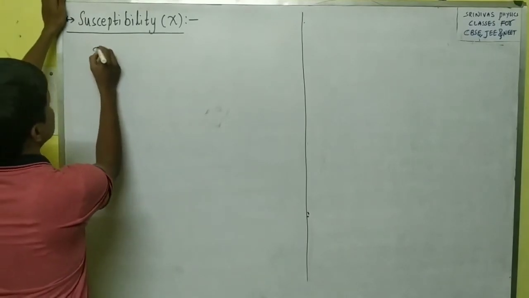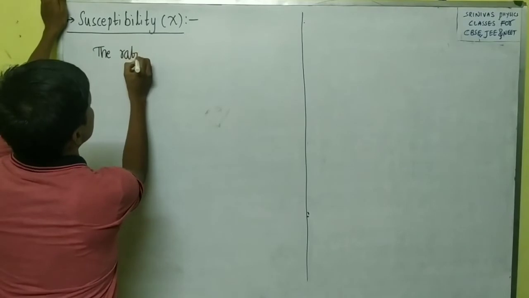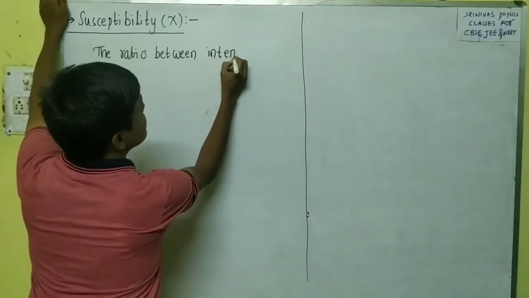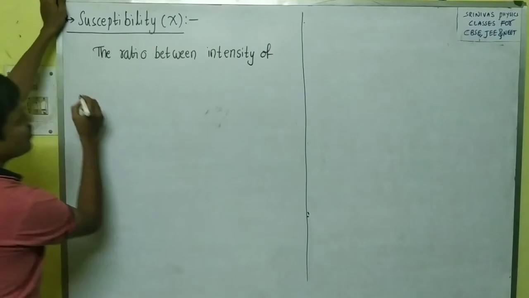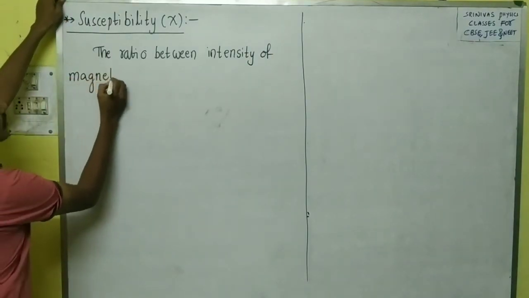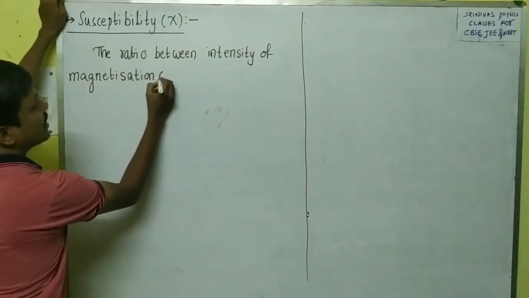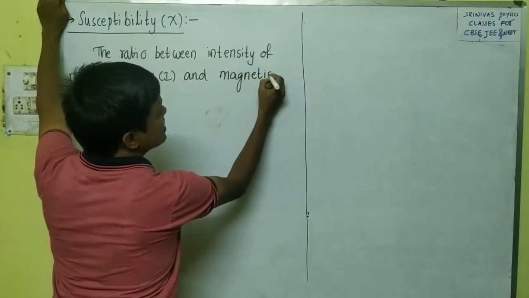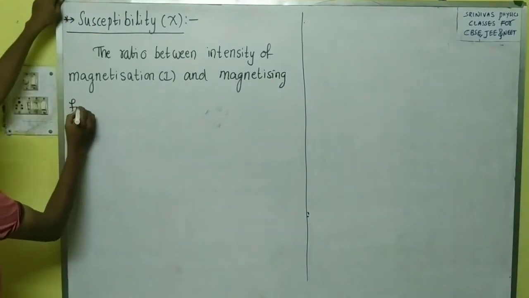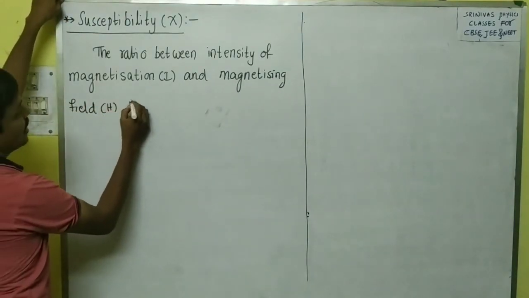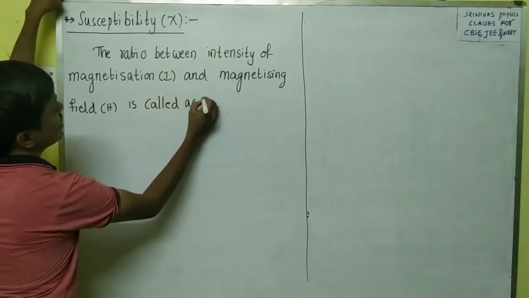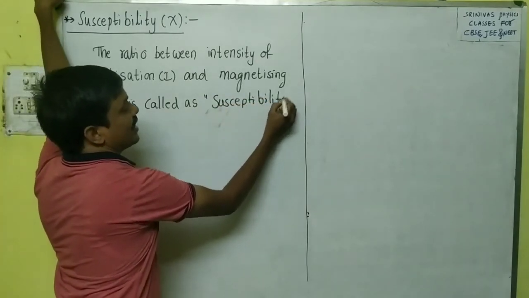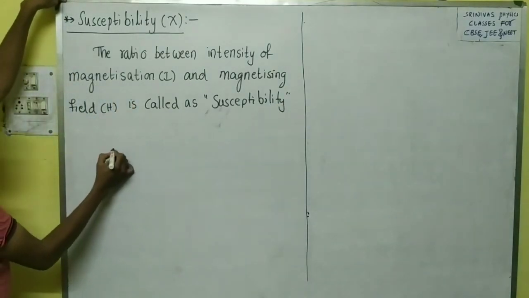Let us see the definition of susceptibility. It is the ratio between the intensity of magnetization, denoted with capital I, and the magnetizing field intensity, H. This is called susceptibility, denoted with psi.